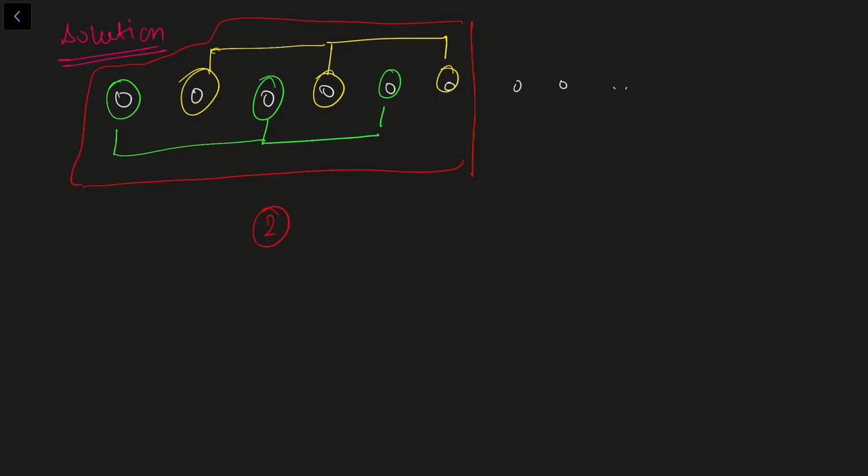So we can make batches of 6 bulbs and turn them on using 2 operations. So our solution will be, let's say we are given some A, then we'll try to make batches of 6 and turn them on in 2 operations.